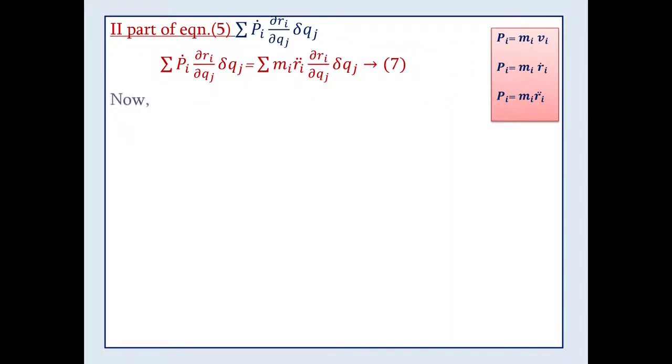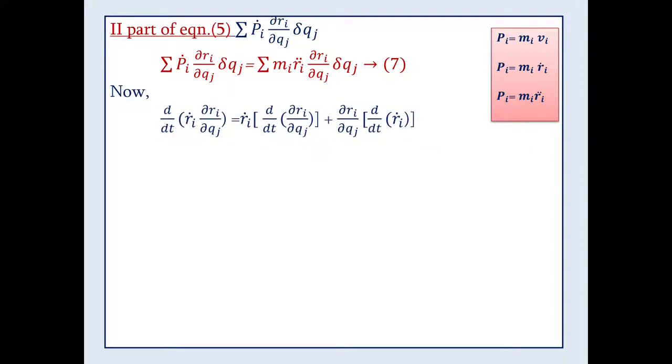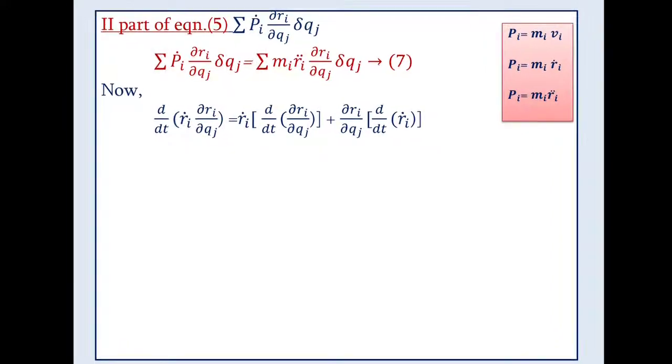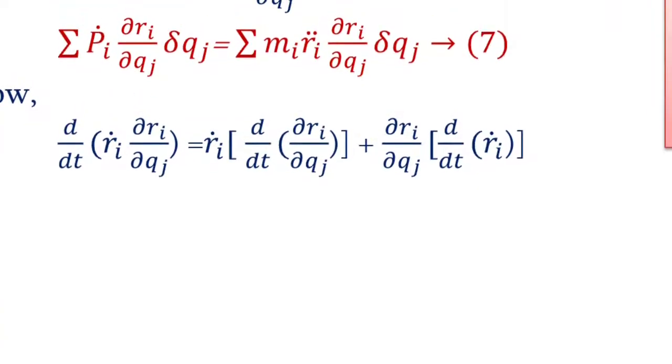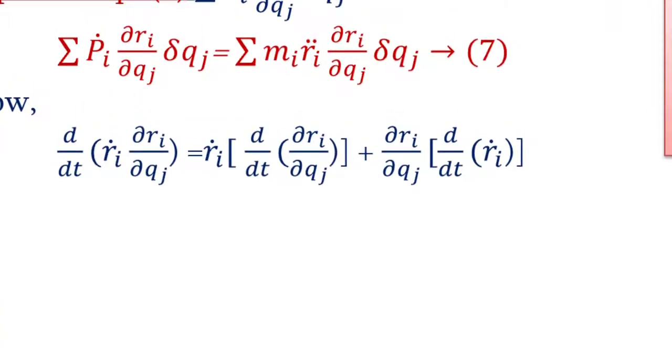To evaluate this, we take d by dt of Ri dot dou Ri by dou Qj. We take this because we want Ri double dot dou Ri by dou Qj.